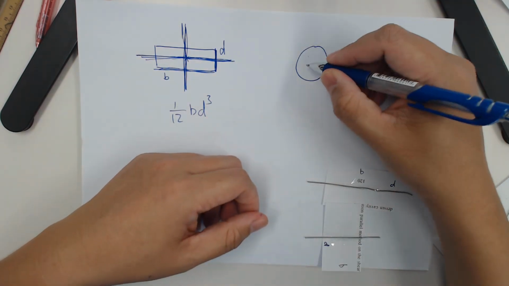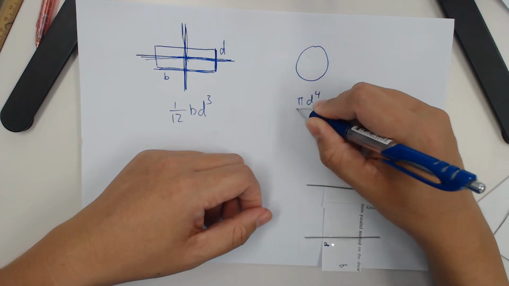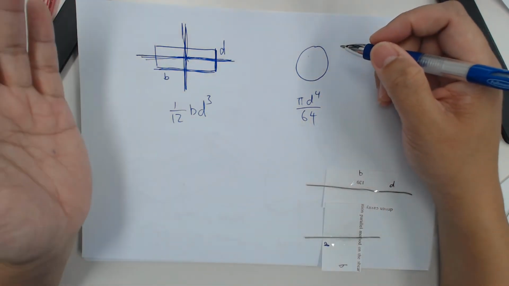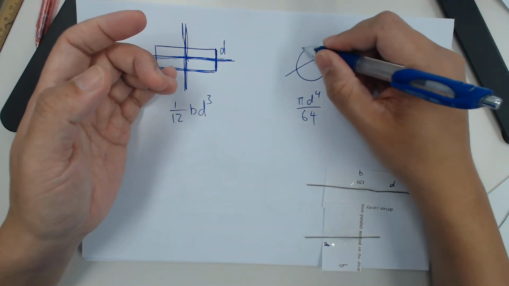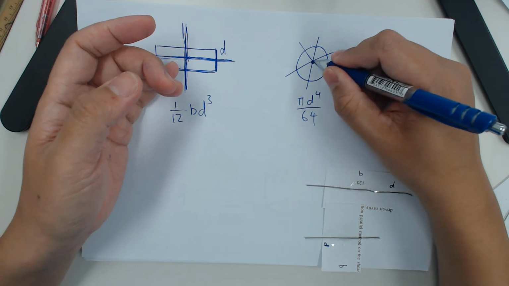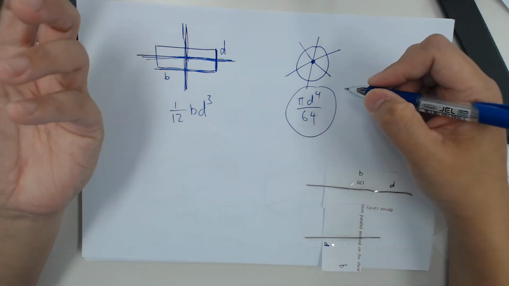For a circle, the formula is the same, pi D to the fourth over 64. Why is it the same? Because a circle is axisymmetric. No matter what line you draw, as long as it crosses the center of the circle, it is the same. So this formula remains unchanged.